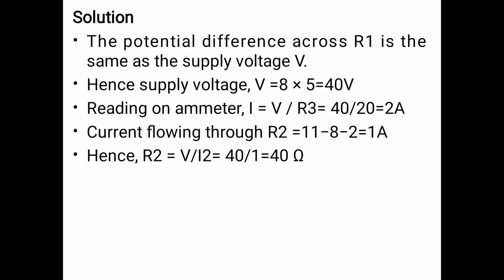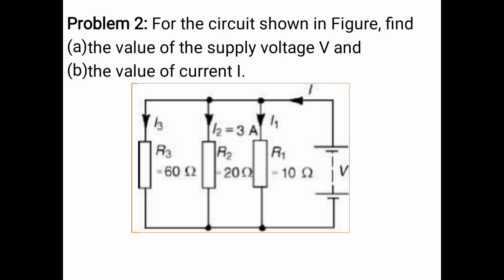Substituting V as 40 volts and R3 as 20, we get I is equal to 20 amperes. The current flowing through the resistance R2 is I minus I1, that is 8 minus 2, which is equal to 1 ampere. And hence we shall now determine R2 as V by I2, that is V by 1, which is equal to 40 ohms.